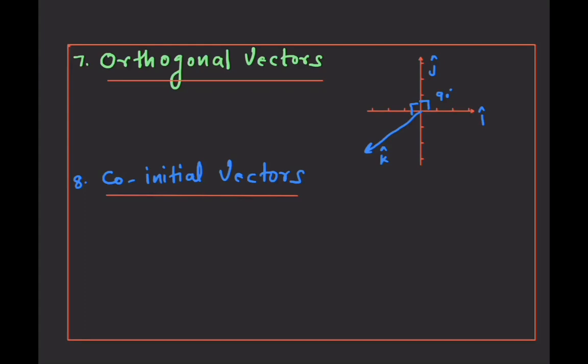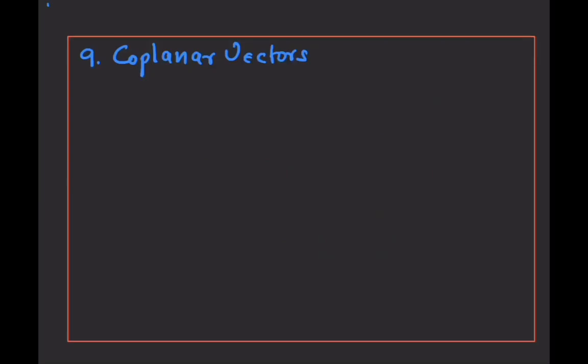Next is co-initial vectors. Two vectors are said to be co-initial if they have the same starting point. So here vector OA and vector OB are known as co-initial vectors. Number 9 is coplanar vectors. Two vectors are said to be coplanar if they are in the same plane.